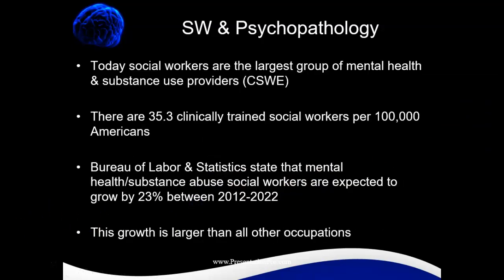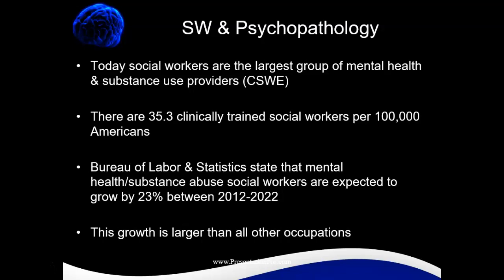Today, social workers are the largest group of mental health and substance use providers. There are about 35.3 clinically trained social workers per 100,000 Americans. The Bureau of Labor Statistics states that mental health and substance abuse social workers are expected to grow by 23% between 2012 and 2022. And that was before the advent of COVID-19.